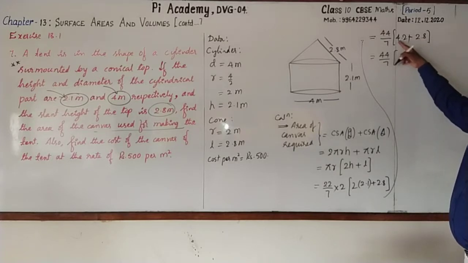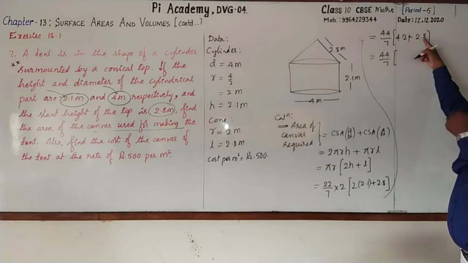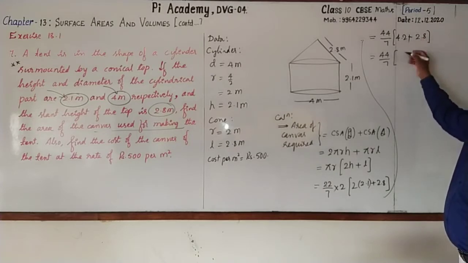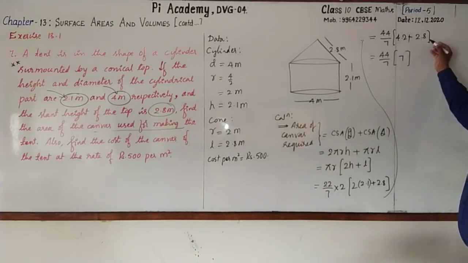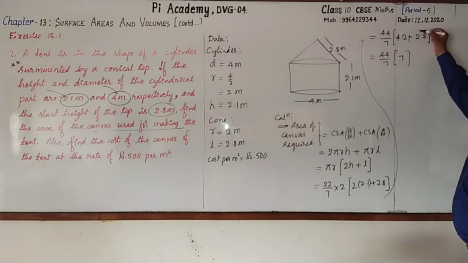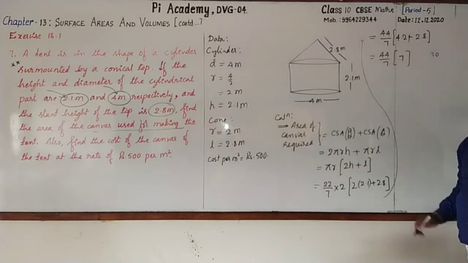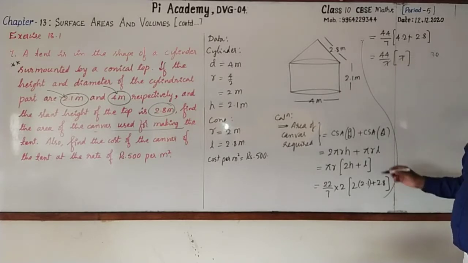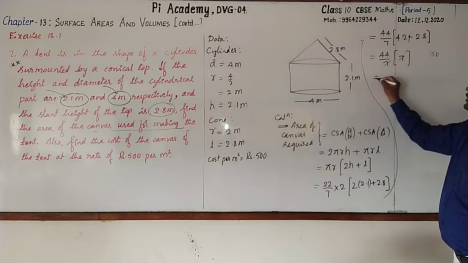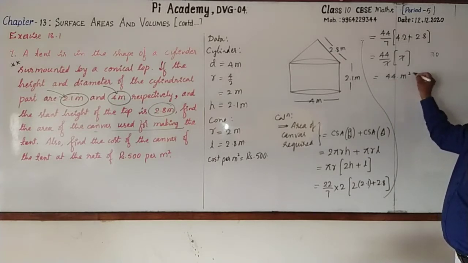See that, 4 plus 2 is 6, 0.2 plus 0.8 is 1, so it will be 7. Got it? Or else 8 plus 2 is 10, carry 1, 1 plus 2 is 3, 3 plus 4 is 7. 7.0 is nothing but 7 only. Now 7 and 7 get cancelled, and you will get 44 meters square.